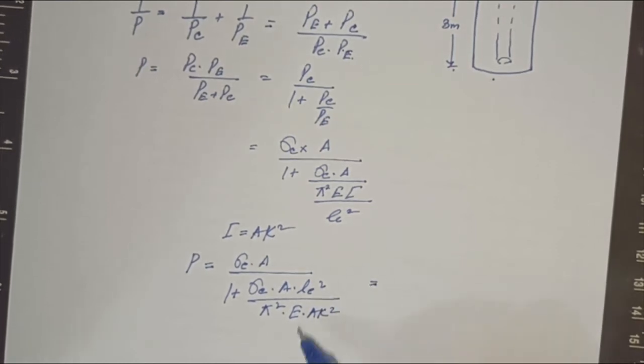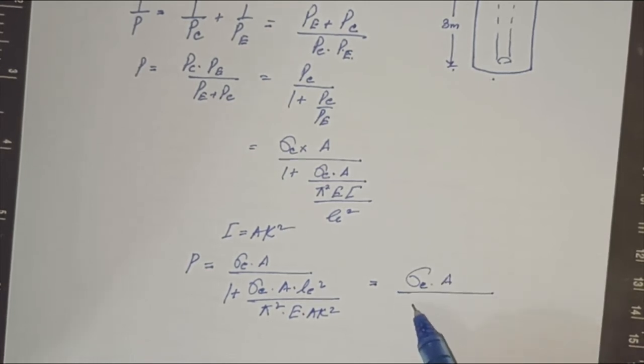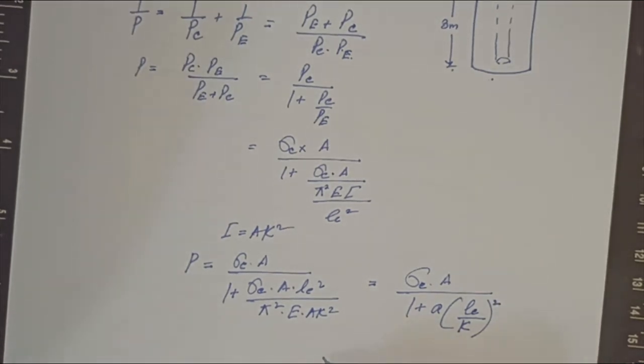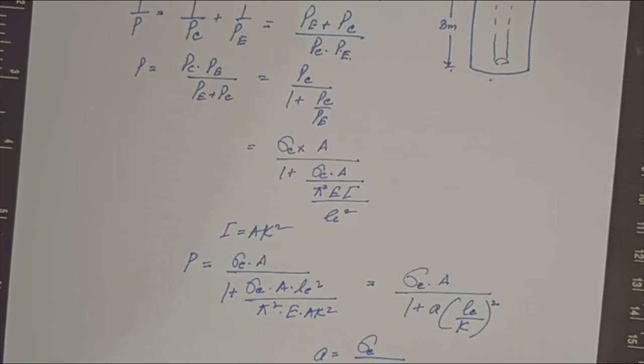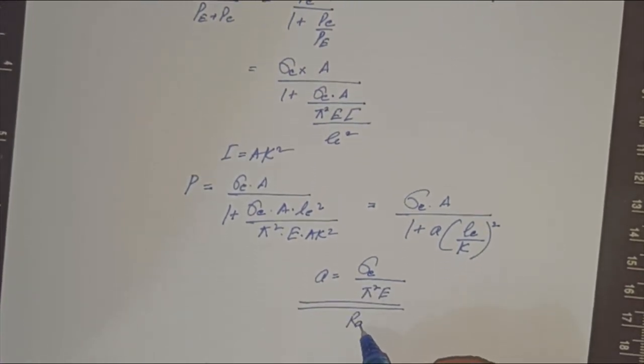This can be further rearranged to produce the expression sigma c times A divided by 1 plus a times (Le divided by K) whole square. So now this a is equal to sigma c upon pi square E. This a is a constant known as the Rankine constant.